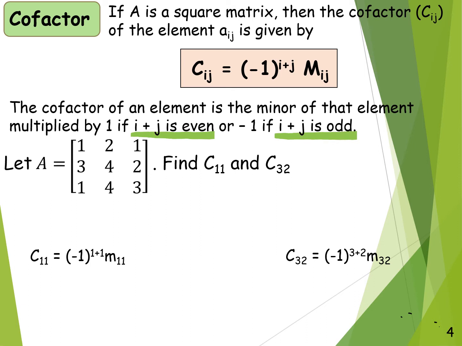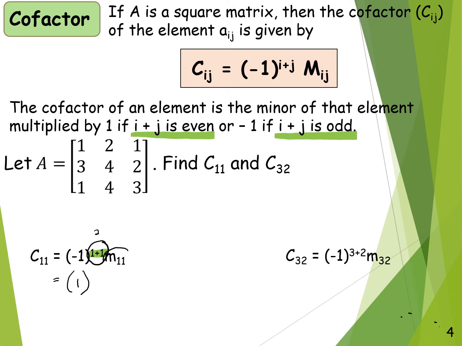Now let's do matrix A = [1 2 1; 3 4 2; 1 4 3]. Find C11 and C32. For C11, using the formula of the cofactor, Cij is equal to negative 1 to the power of 1 plus 1 times M11. Here we get an even number, 2, so negative 1 to the power of 2 is 1.